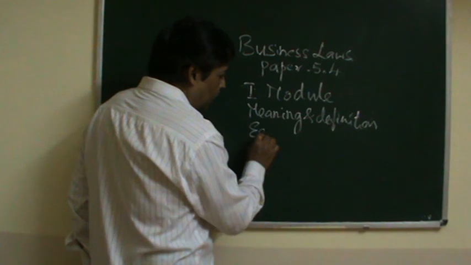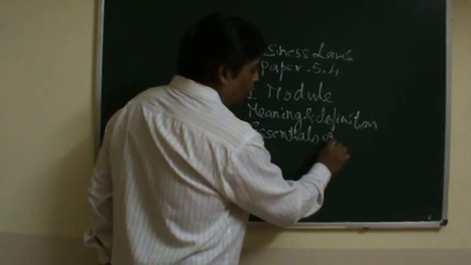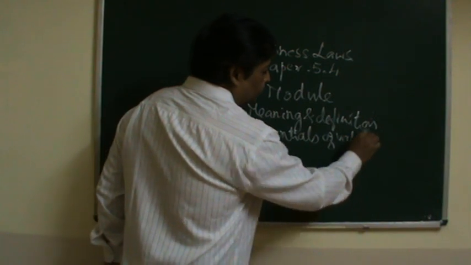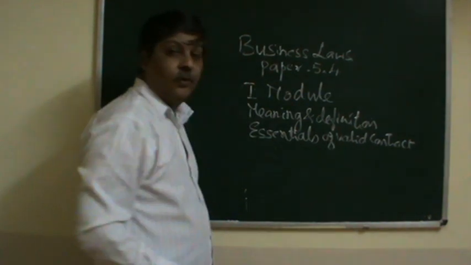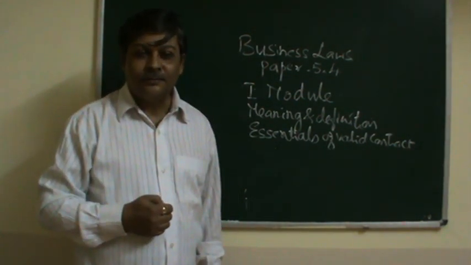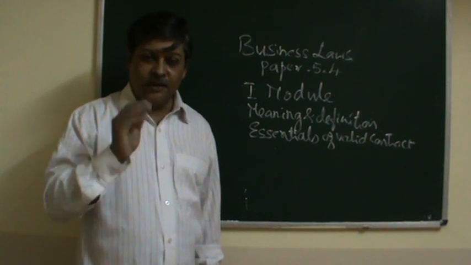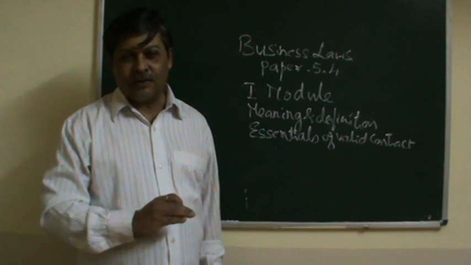Then we are going to study the essentials of a valid contract. All contracts cannot be called valid contracts. There must be some specific features to call a contract a valid contract.